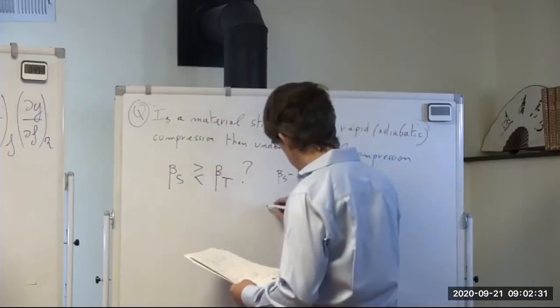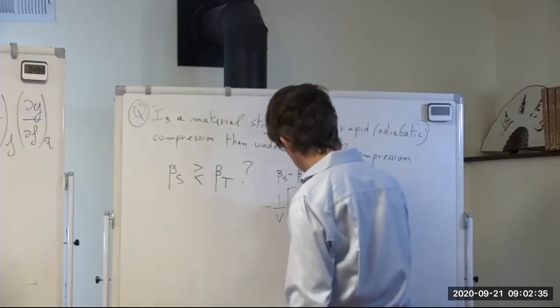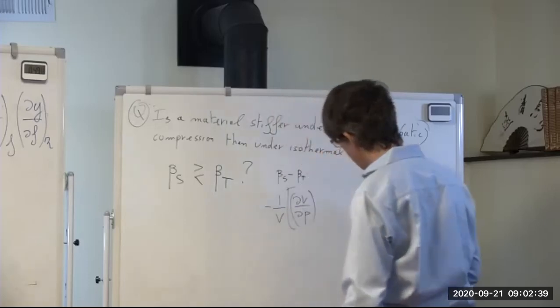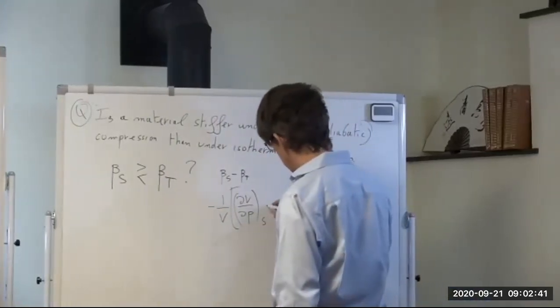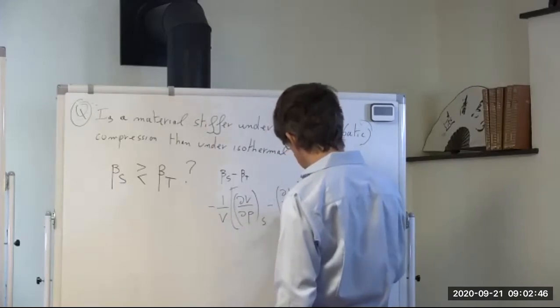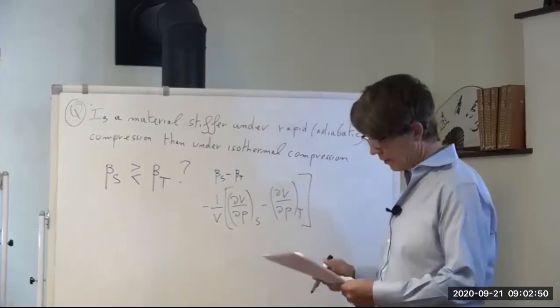That would be minus 1 over the volume times dV/dP at constant S, minus dV/dP at constant T. This is the regular compressibility.